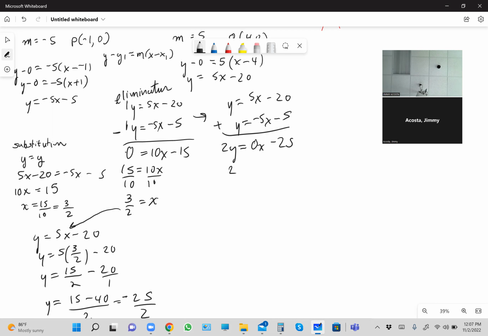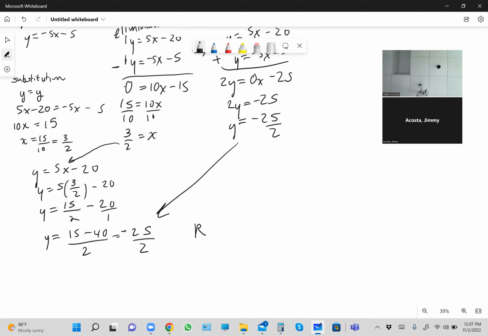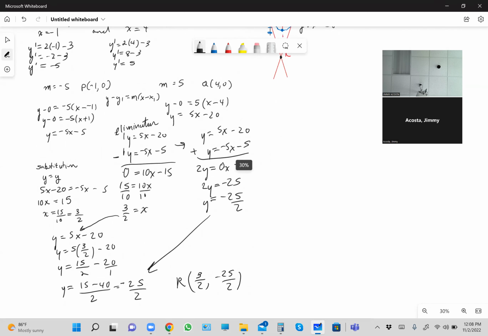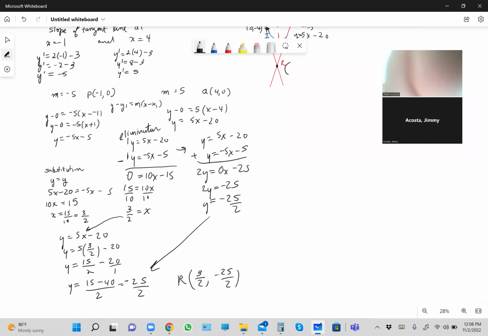And when I solve that, it comes out to y equals negative 25 over 2. And so if you put negative 25 over 2 into y, you're going to get an x of 3/2. But what's important here is that you just found R. R is 3/2 comma negative 25 over 2. So that means over here, you now know that this point is 3/2 comma negative 25 over 2.